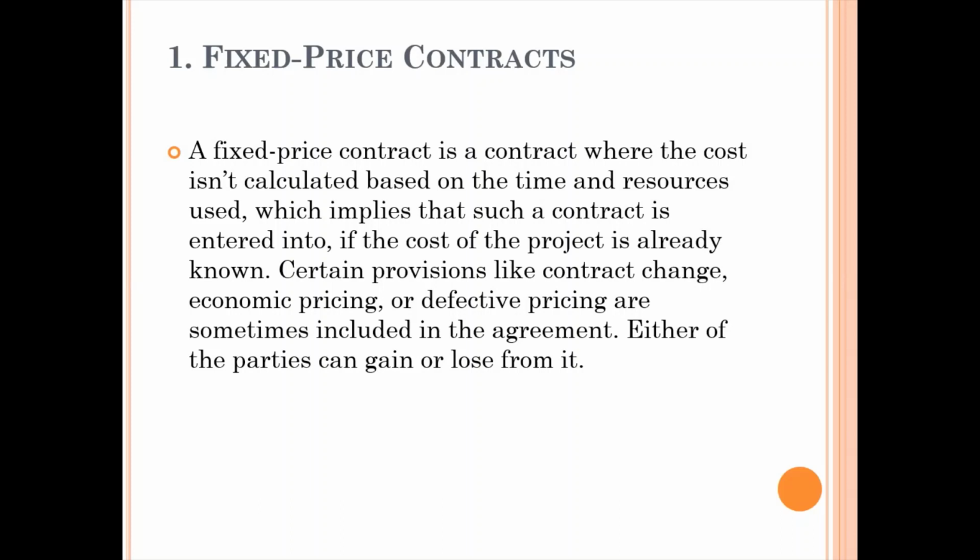A fixed price is mentioned, then either party, that can be the government or the contractor, can gain or lose from it. As the time exceeds for any project, then the cost will always be high.